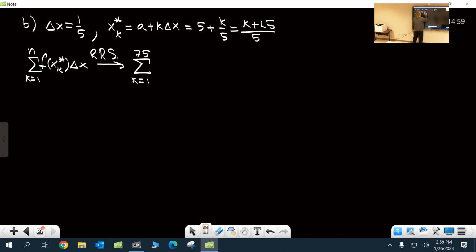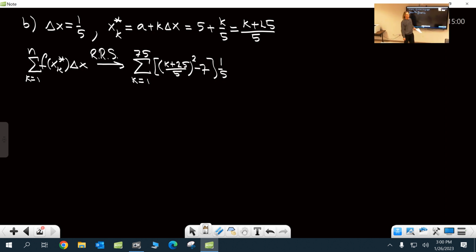Now, let's have a look. The function is the same as before, the input squared minus 7, and we end up with k plus 25 over 5 squared minus 7 multiplied by 1/5.